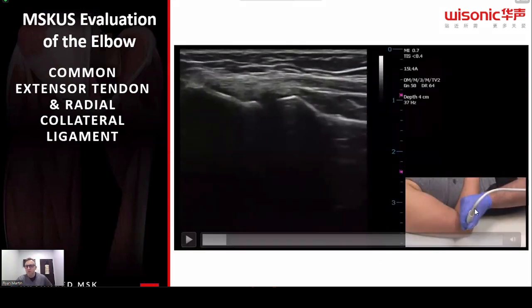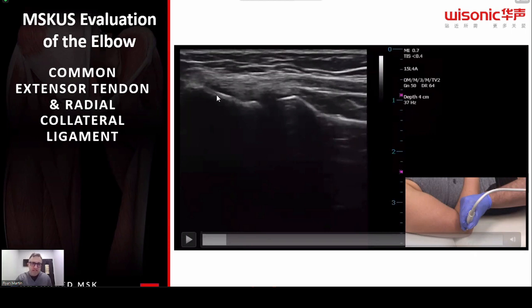And very similar to a lot of the views that we did for the distal bicep, but now the probe orientation, instead of being in line with the humerus, it's going to be in line with the radius. So when we looked at the radial nerve, you can see here is the shaft of the radius and the radial head. There's the radial head, and this space right up here is the annular ligament. Here's your RC, or your radiocapitellar joint space.